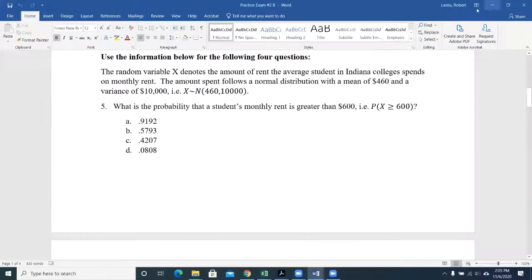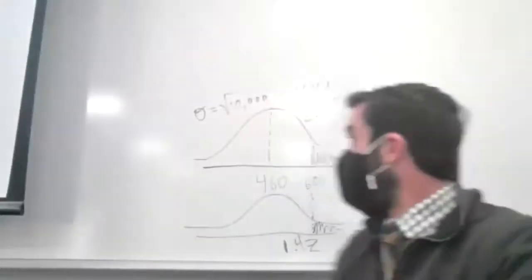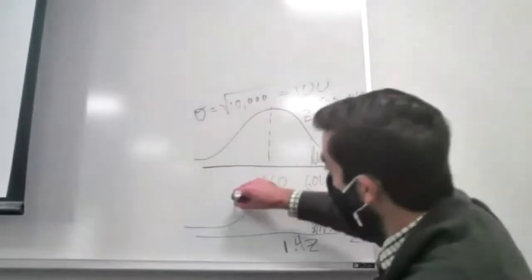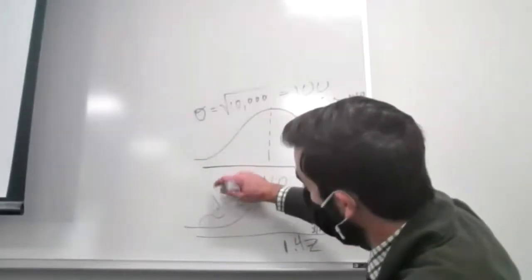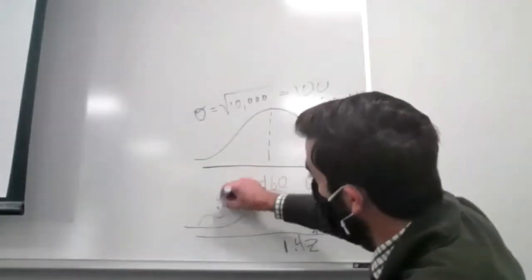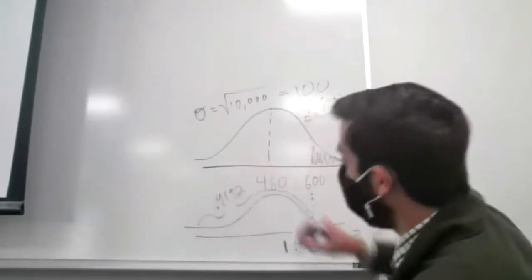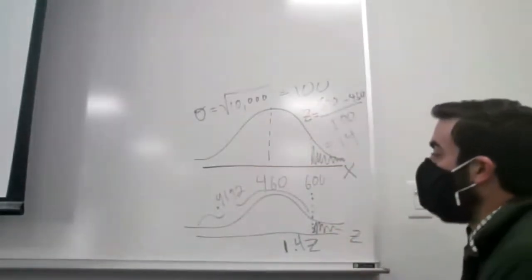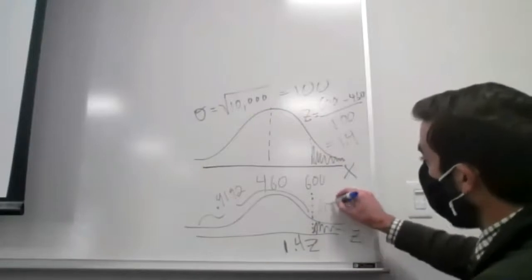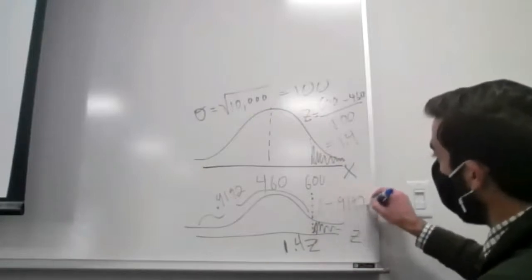If I remember what I initially said, this has to be less than 0.5. So I automatically knew it was either A or B here. When I looked it up in the table, 0.9192 was the area to the left. I wanted the area to the right.